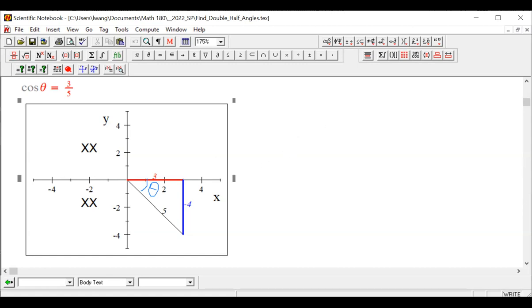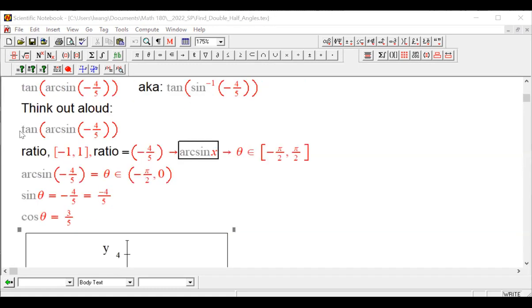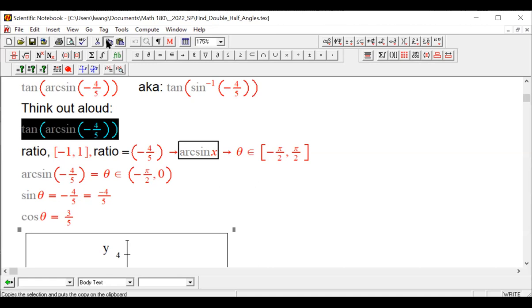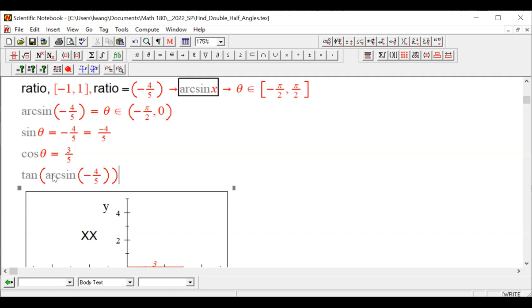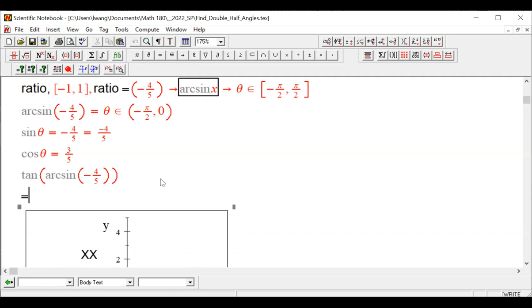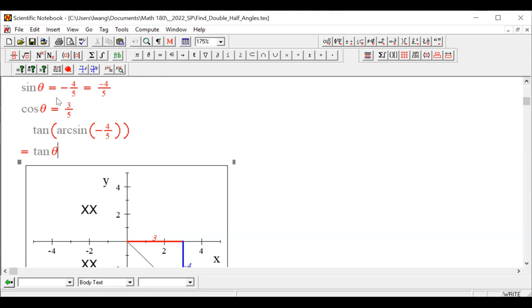Okay, let's see now what we need to find. So this is what we are up to. From our assumption, this piece is going to be tan of arc sine, that's theta. So we have tangent theta, and we need to find tangent theta. We know sine theta, we know cosine theta.